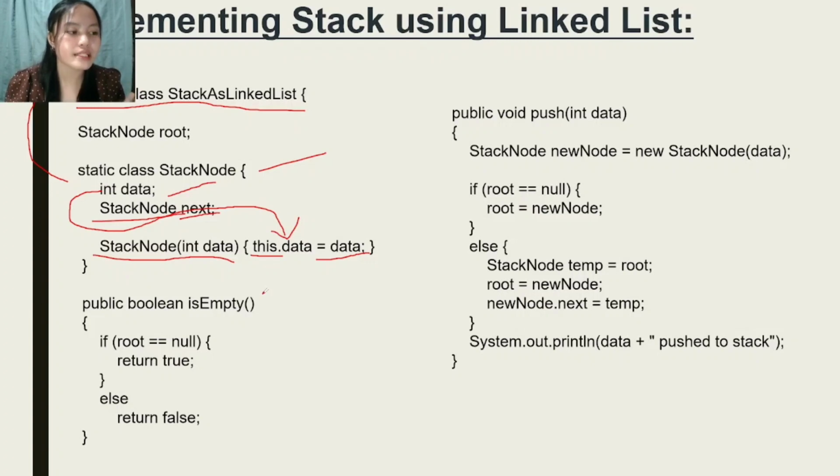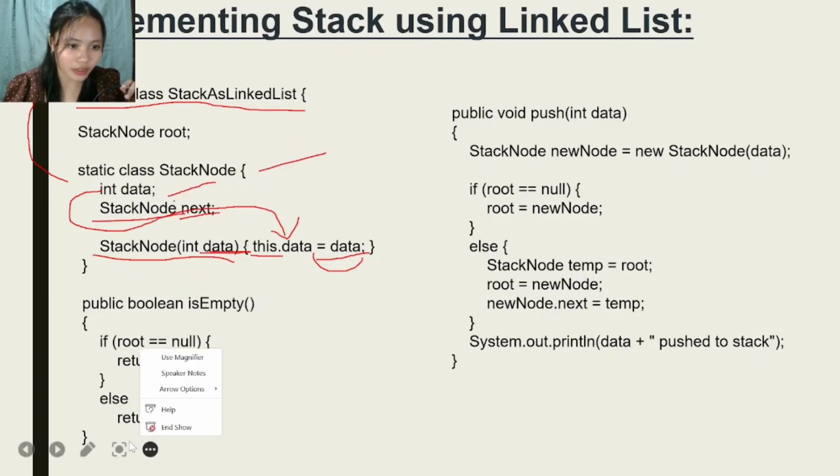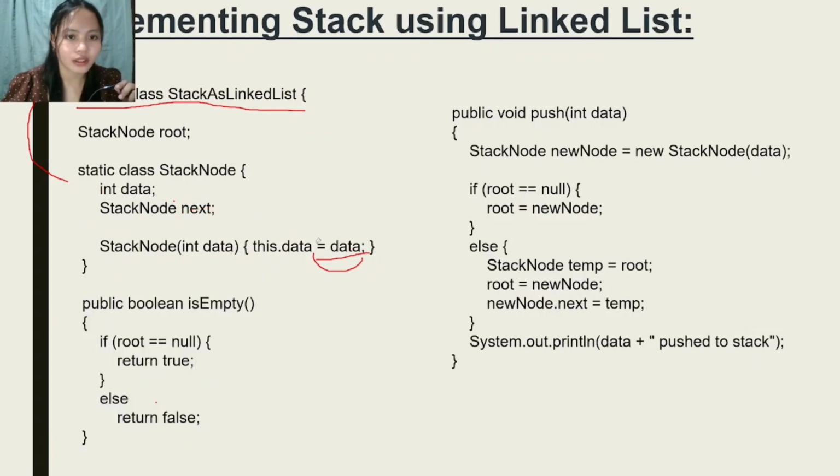We use the this keyword to access objects, right? Since data belongs to the StackNode class, we use the this keyword and initialize its value to data, which is our parameter of StackNode. Okay, so let's erase so that it will be clear for you. Okay, so that.